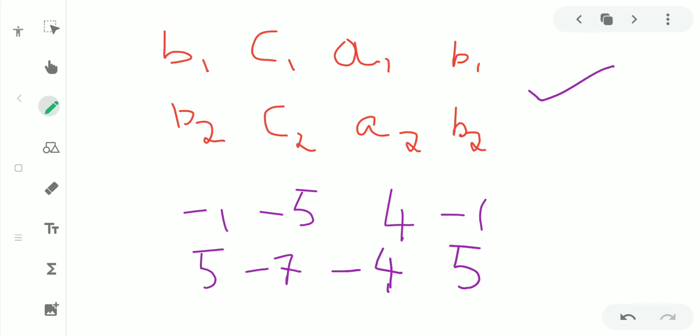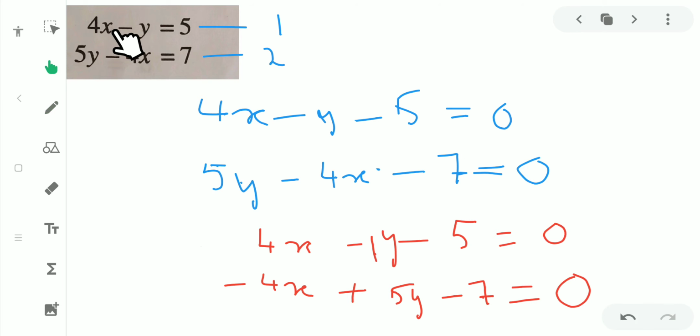So now let us multiply them. Let us check the variables. The variables are x and y to solve in the equation.